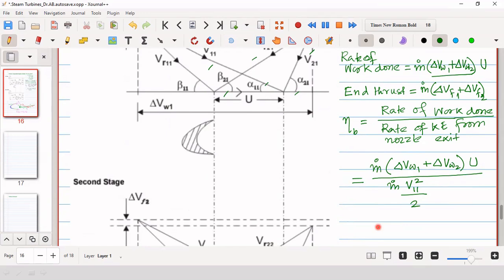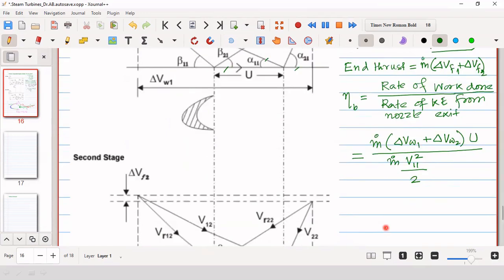Okay. So accordingly, you can calculate that. So efficiency of the blade is equal to 2 into delta Vw1 plus delta Vw2 multiplied by U divided by V11 square.